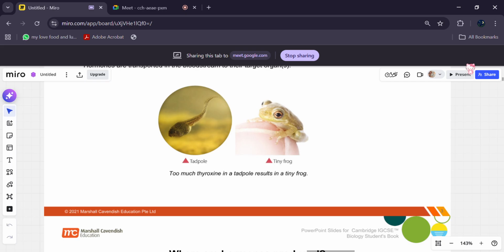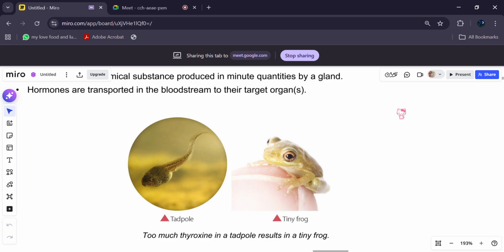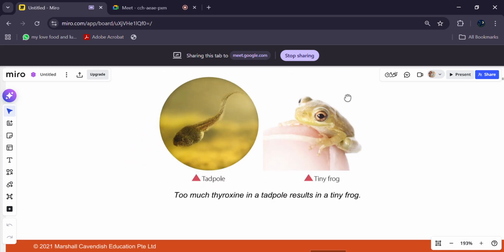The metamorphosis, a change into the adult form, is sped up, causing a very tiny frog. That is why hormones need to be produced in specific amounts. When you produce too much or too little, it can have a permanent effect on the body.